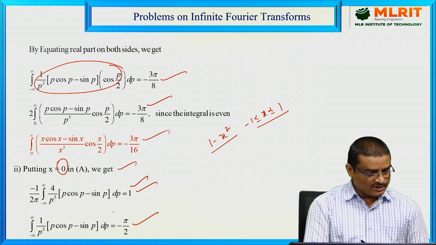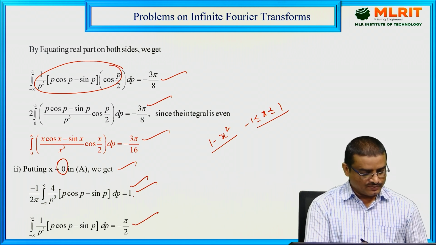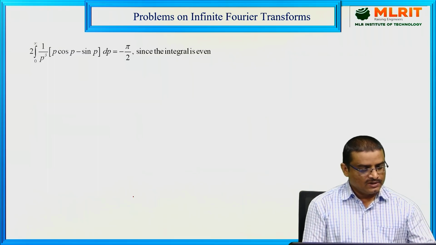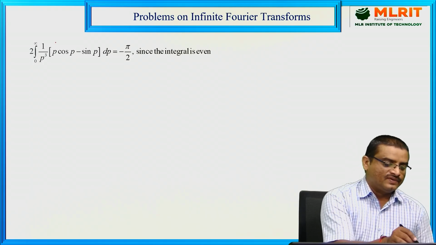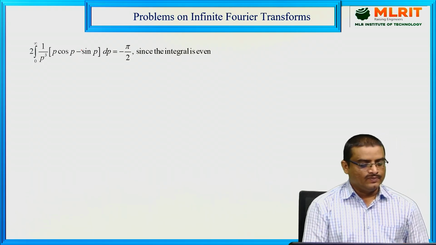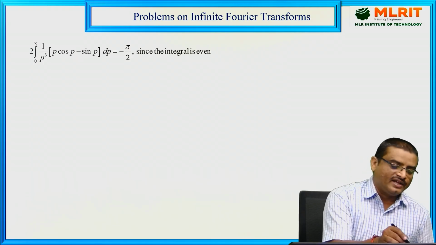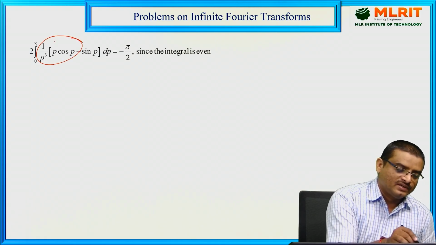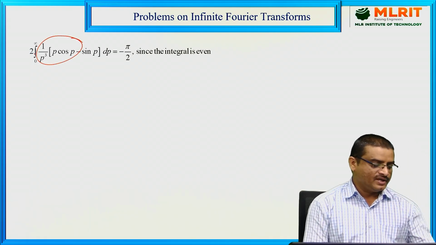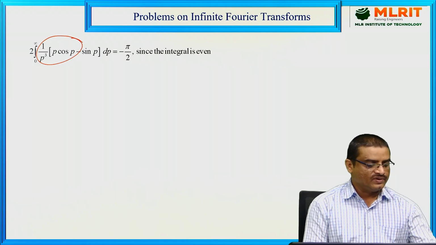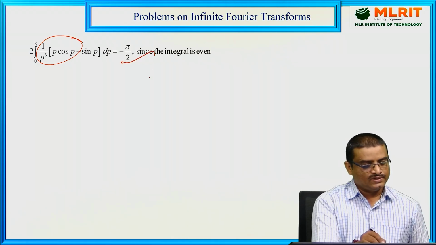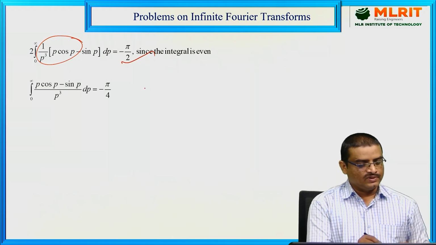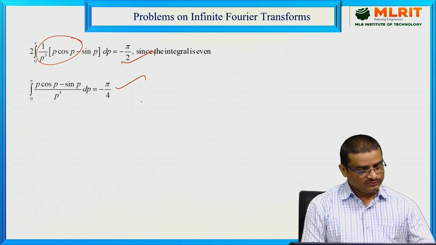Send the constant terms outside and send those constant terms to this side, and you will get this. Whatever function you have inside the integral from minus infinity to infinity, that entire function is an even function. So this even function integral from minus infinity to infinity can be written as 2 into the integral from 0 to infinity of this. So this is our required condition here.